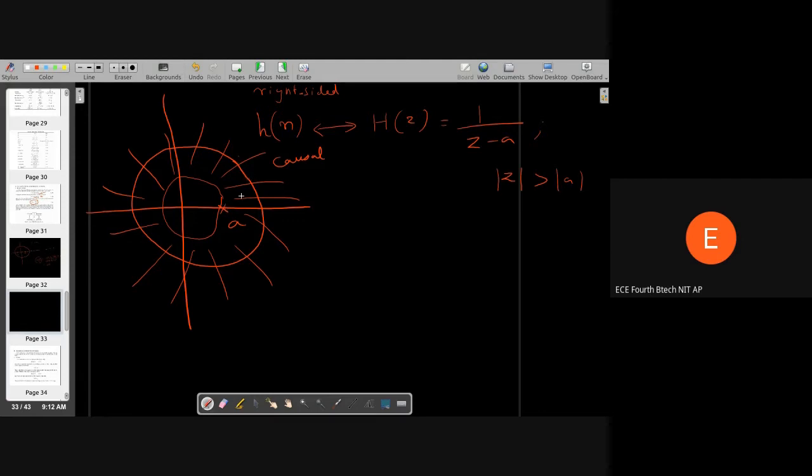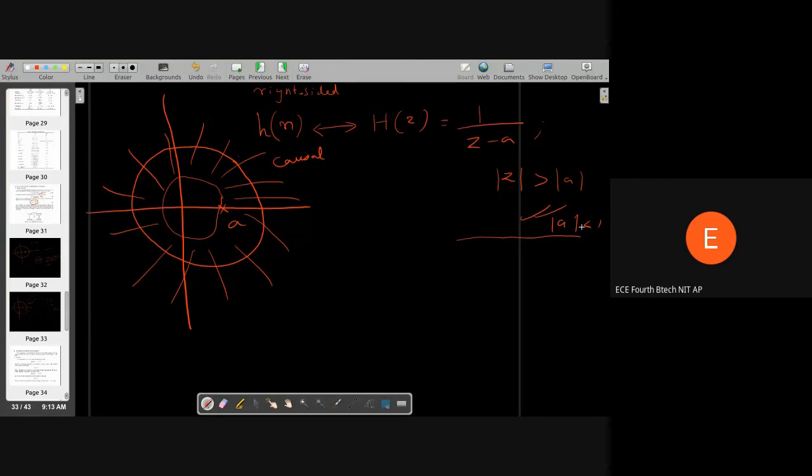If it is a right-handed signal, the ROC will be outwards. So we are designing it like this: we get a right-handed causal signal, and we deliberately put the value of a as less than 1. So the unit circle is included, and we get a stable system where the Fourier transform is guaranteed to exist.